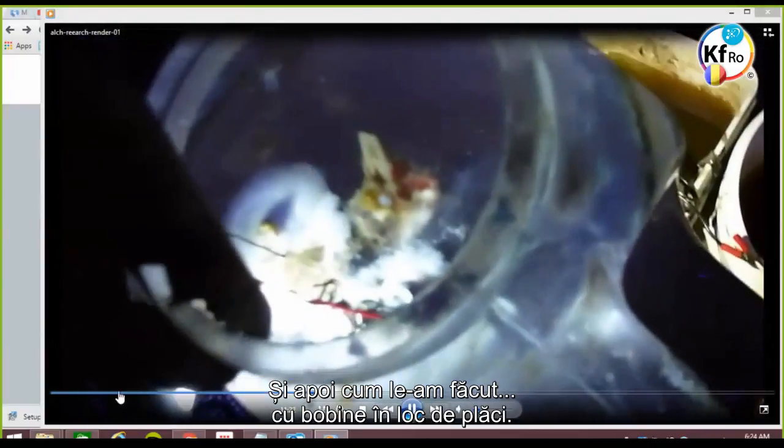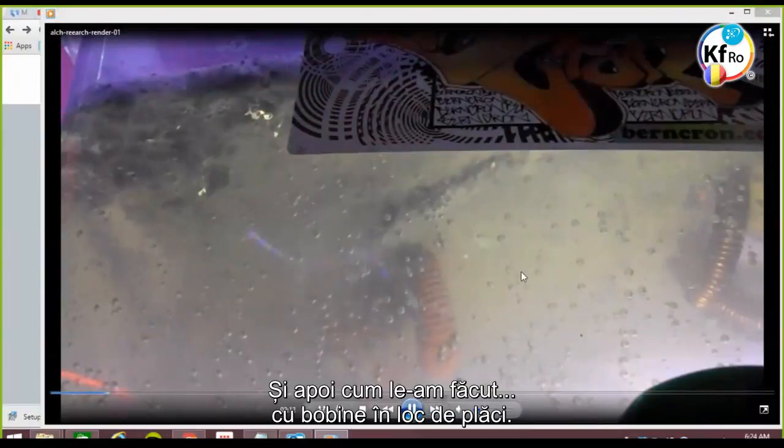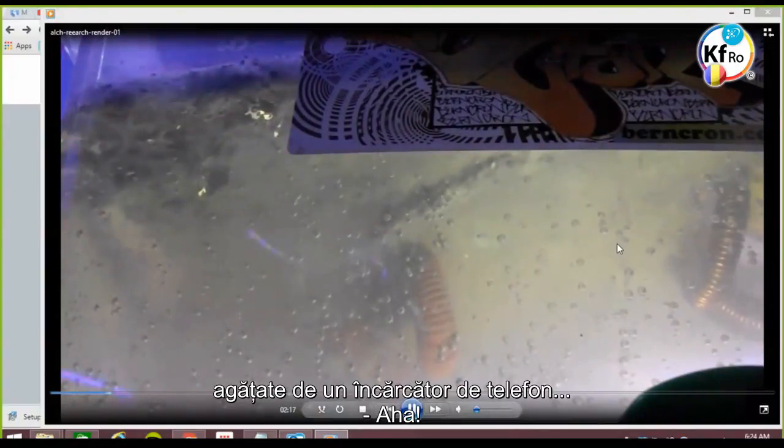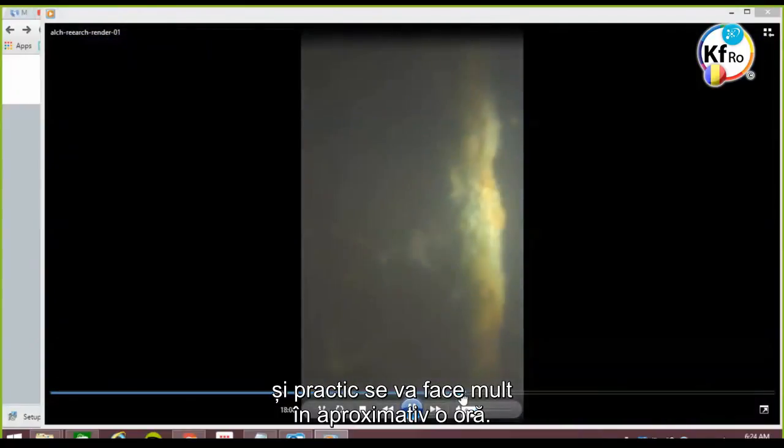And then how I do it is with the coils instead of the plates hooked up to a cell phone charger. And it literally will make a tub of them within about an hour.